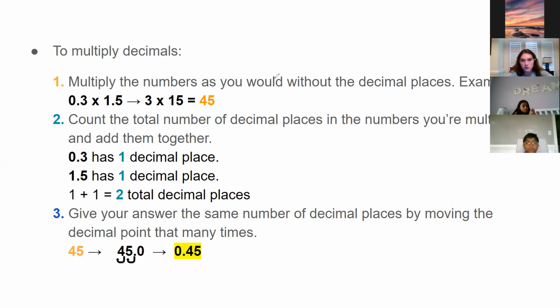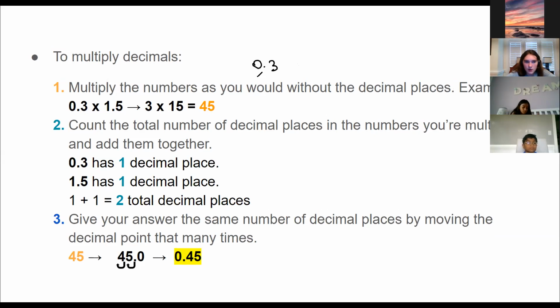What you would do to multiply decimal places is to make them whole numbers. And to do that, for example, 0.3 and 1.5, we need to get rid of this decimal place. By doing that, we will move it here. If we move it here, 1.5 becomes 15, right?